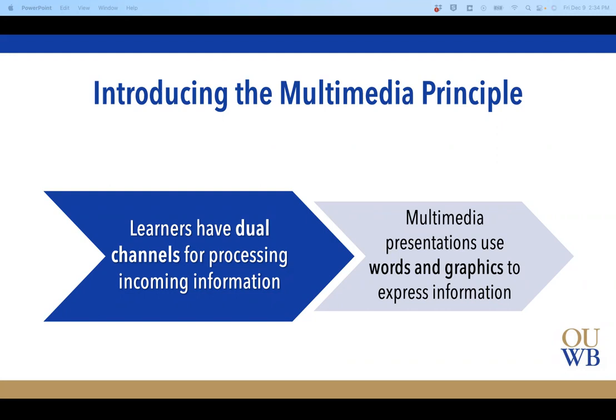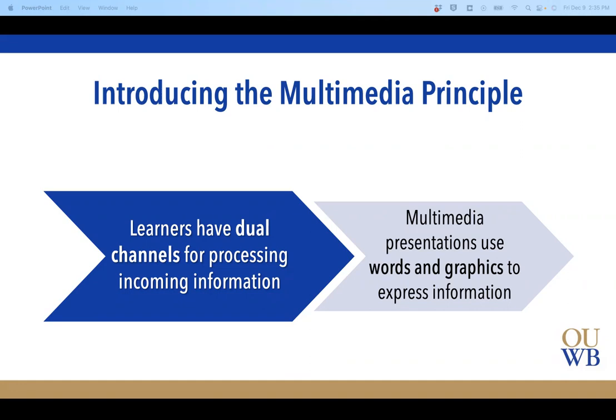And the rationale for this is pretty straightforward. People are more likely to understand material presented when they engage in active learning. That is, when they engage in those relevant cognitive processes that we've been discussing. And they are more effectively able to do those things, to select the correct words and information, to organize that information and integrate that information when they're processing it through both channels simultaneously versus just one.